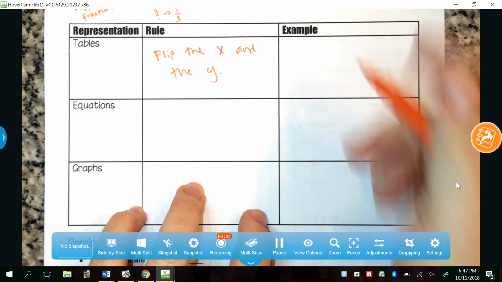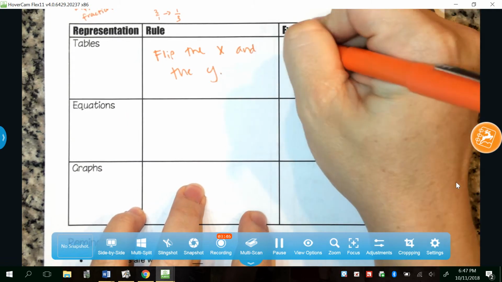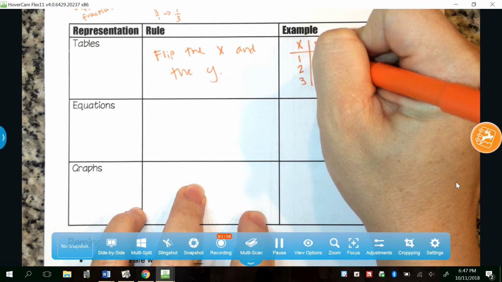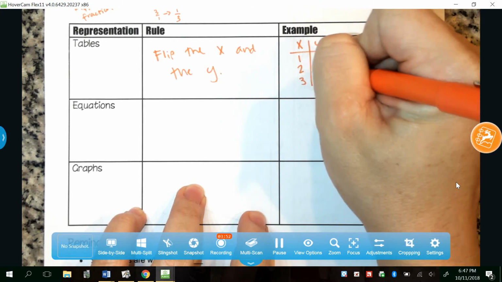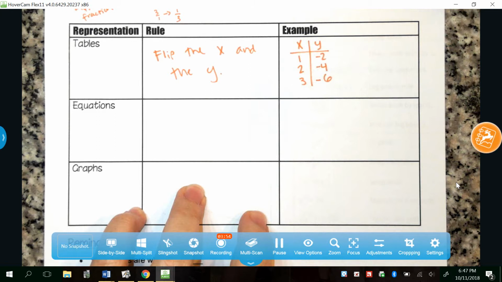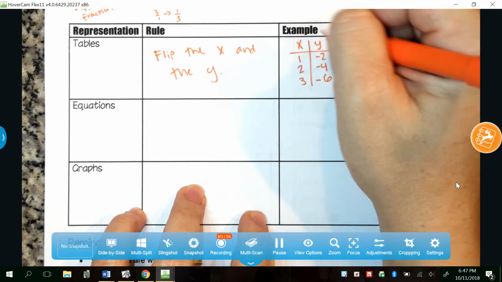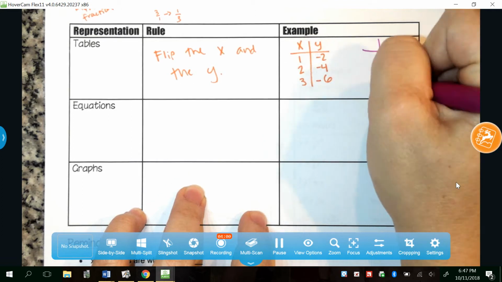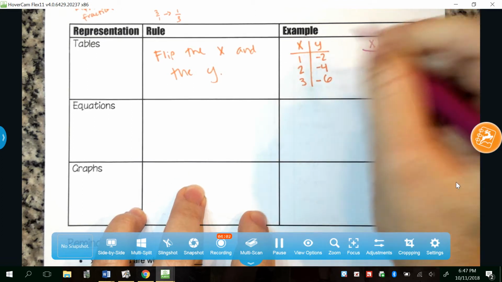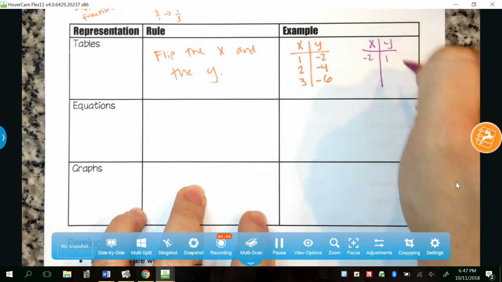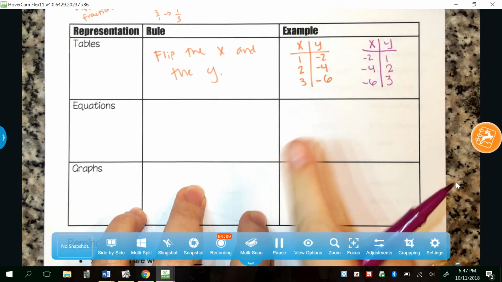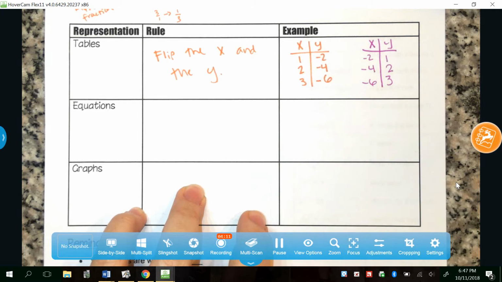For example, if you have a table like this, the inverse of this table would be literally the opposite: negative 2, 1, negative 4, 2, negative 6, 3. So we literally flip the x and the y to find the inverse when we're looking at tables.